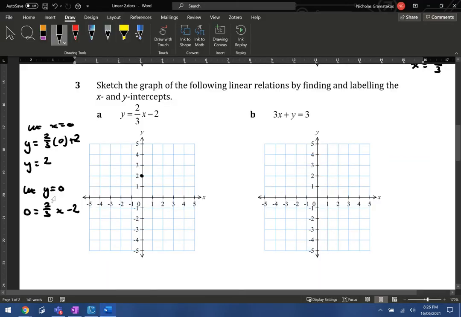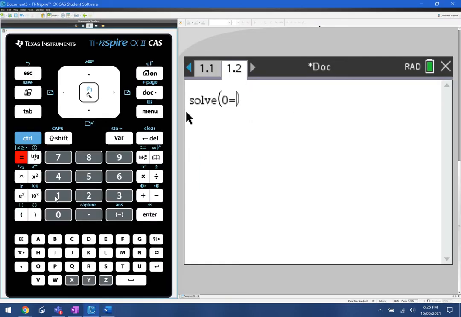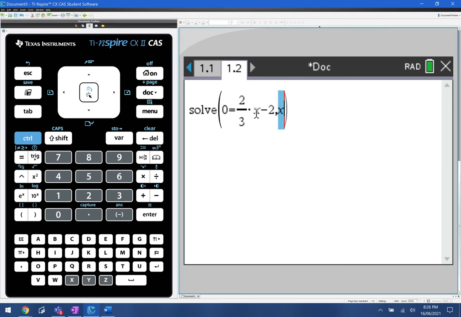So it's 0 equals 2/3 times x minus 2. 0 equals control divide for a bracket, 2/3, so control divide for a fraction, times x, and it was minus 2. I'm going to put comma x. That tells the calculator we're looking to solve for x, so it's going to find the value of x. Pressing enter, it gives us an x value of 3.